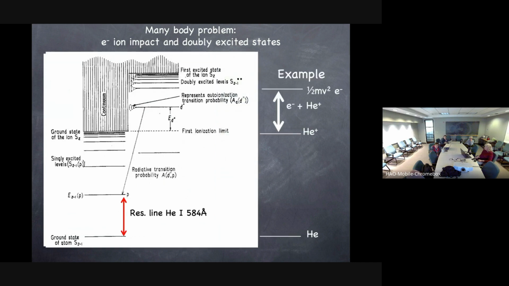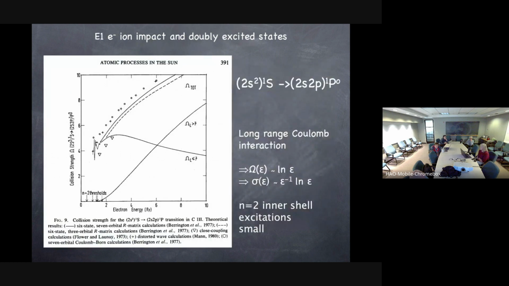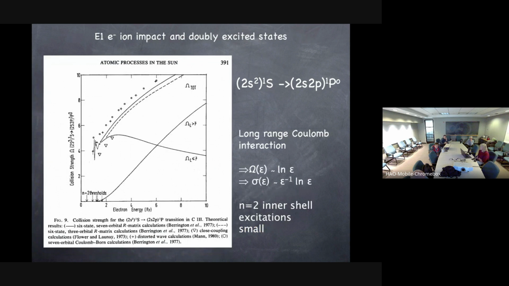This is another way to look at it. I'm not going to go into this, but again, it's in the article by Cooper, which I like so much. If you wanted to read about this, this is the beginning of this process. The reference is right there. Here are the resonances which occur as a result of these double excitations.